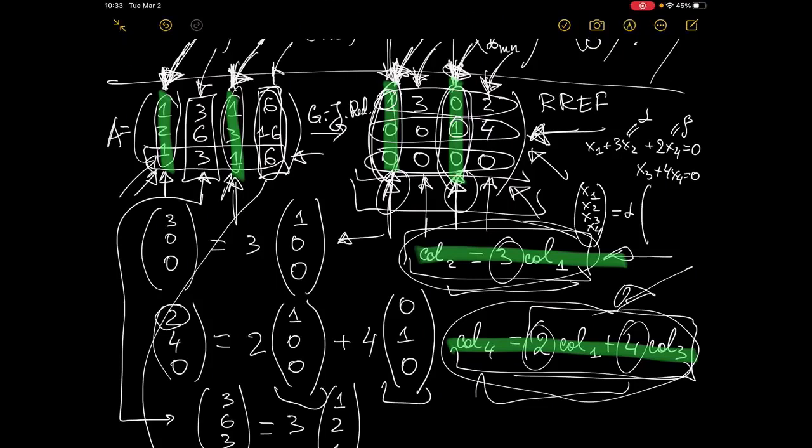So -3. So x2 is alpha 1 and zeros everywhere else. And here is -2.